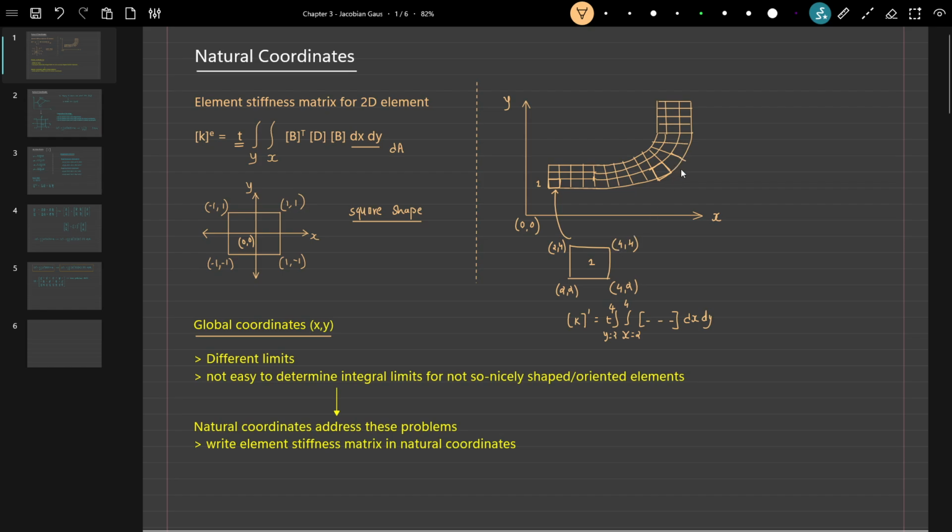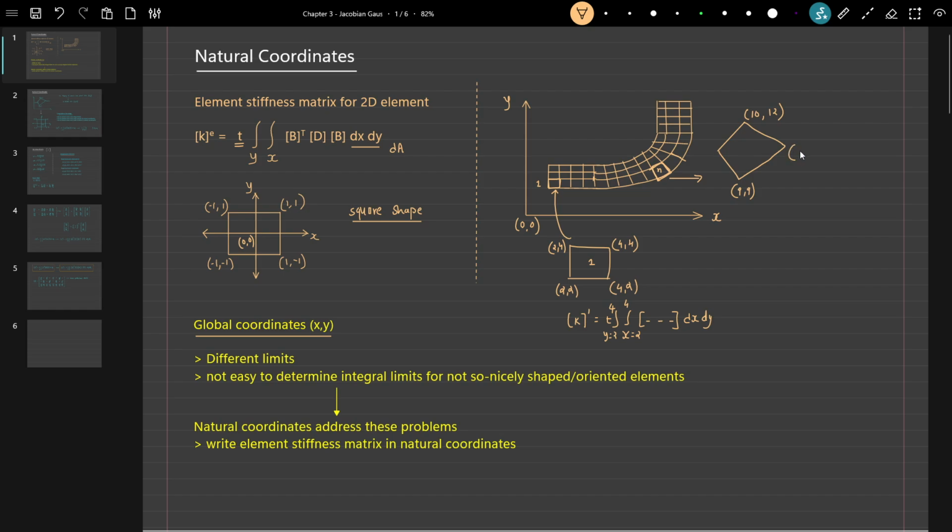But let's take some other element, for example this element, which is element number n. Let's assume some coordinates here, approximately. Let's say this is (9, 9). This could be x coordinate 10 and y coordinate 12.